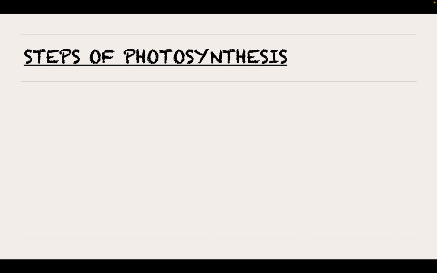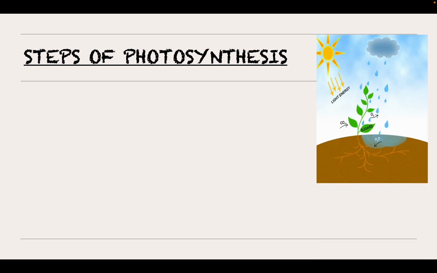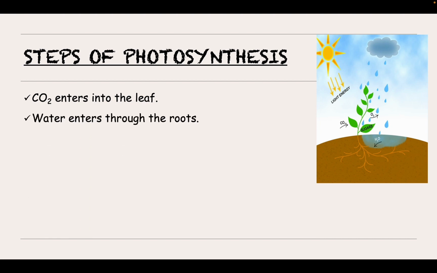Now, what exactly are the steps of photosynthesis? In how many steps does it take place? So, what happens? Carbon dioxide enters into the leaf from the atmosphere. Water enters through the root. These two steps can be together as well.